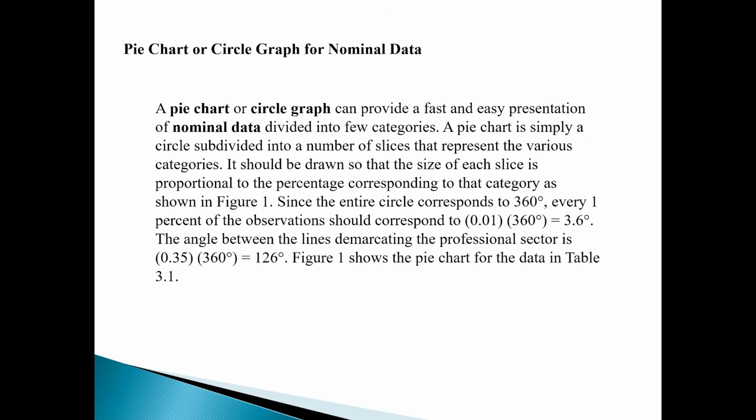Let's say it's not 50%, let's say it's 35%. You should just multiply that by 360. So that is 126 degrees. You should measure 126 degrees with your protractor, and 126 degrees should belong to that particular category.